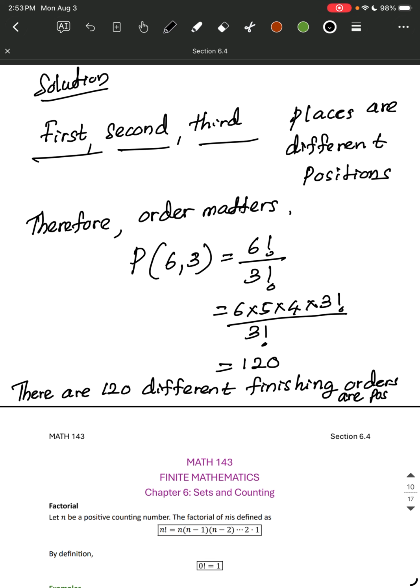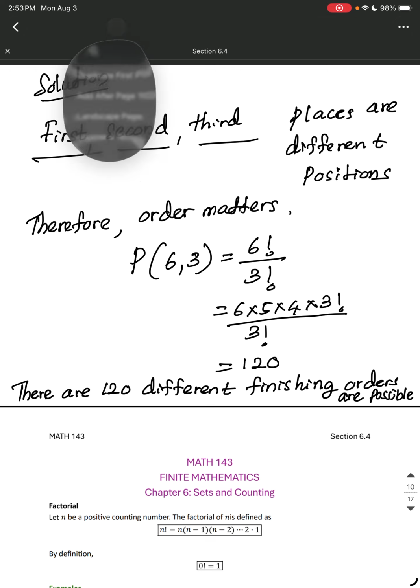Right? So, let's go for additional permutation examples before moving into combinations.